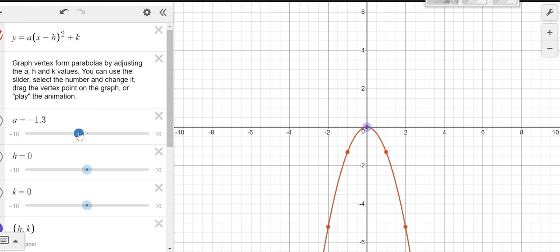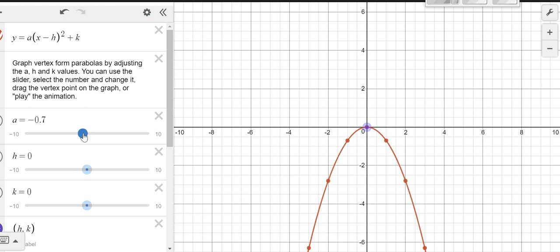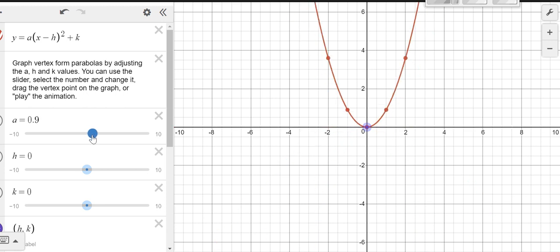Okay, so hopefully you have paused the video and taken a look at that and come up with some answers on your own as to what happens here. Let's focus on when this is positive. So a is 1 is the typical or parent function here. If my vertex is at 0, 0, so my h and k values are 0, 0, and then my a value is 1, this would be our parent function, y equals x squared.